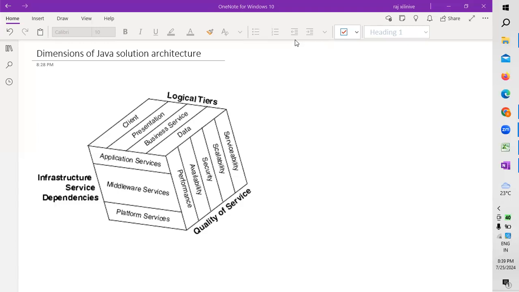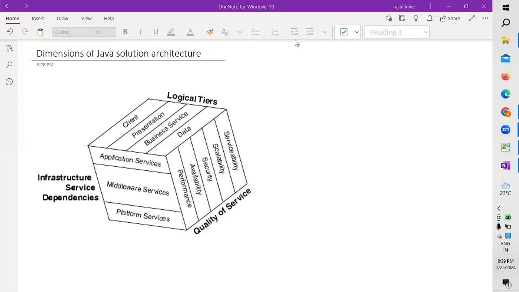This is all about this, and tomorrow I'm going to discuss the first dimension, infrastructure service dependencies. To understand it, we need to understand the operating system platforms we are using, the network transportation, the persistence, the messaging, the runtime, and the security policies.